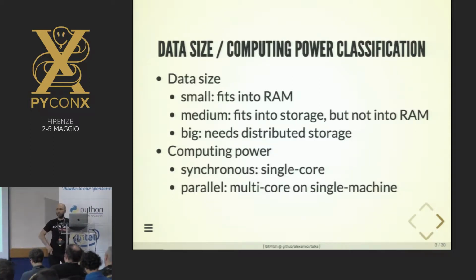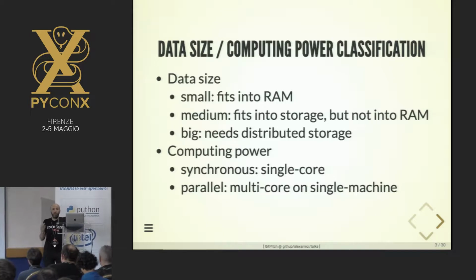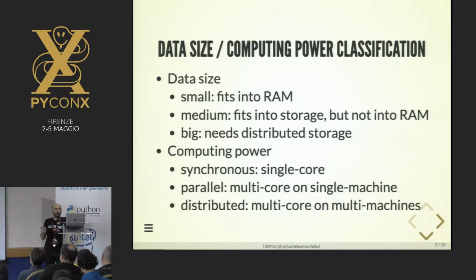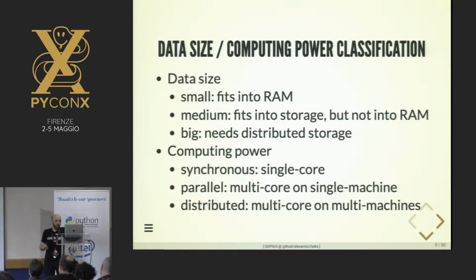This is the first level of complexity. Using efficiently multi-core on a single machine is already quite a challenge. And the next level is when you want to go distributed. So you want to use multiple machines and possibly multiple cores.